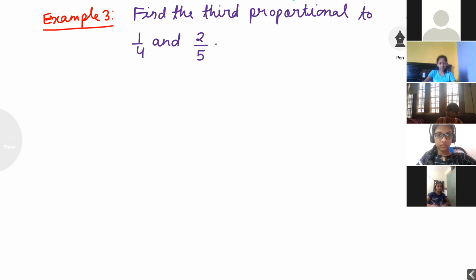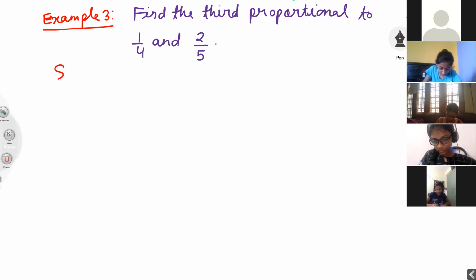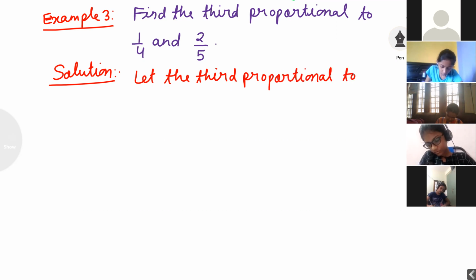Note down. Let the third proportional to 1 by 4 and 2 by 5 be x.